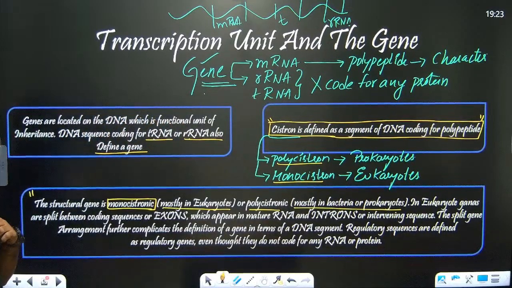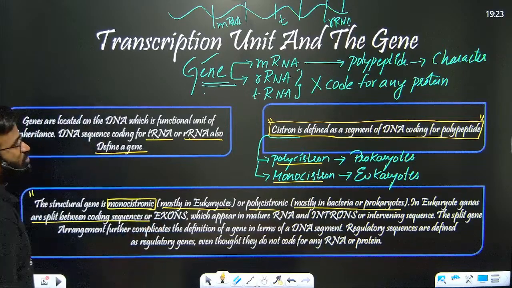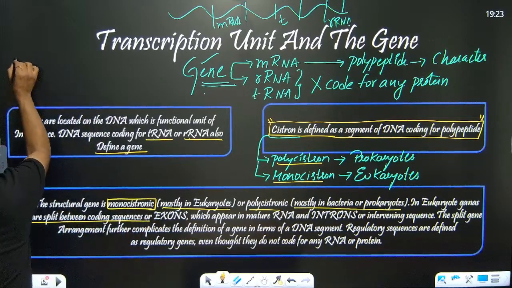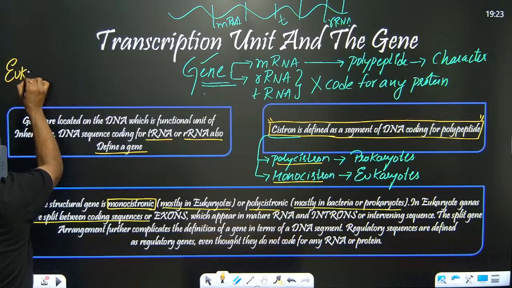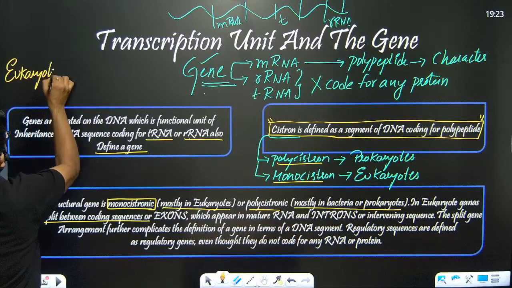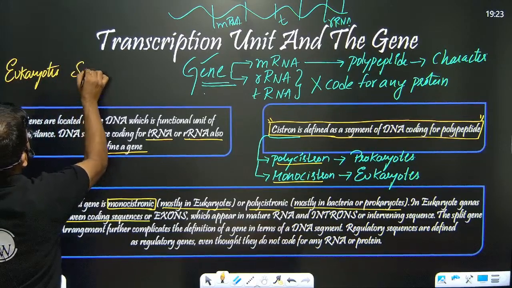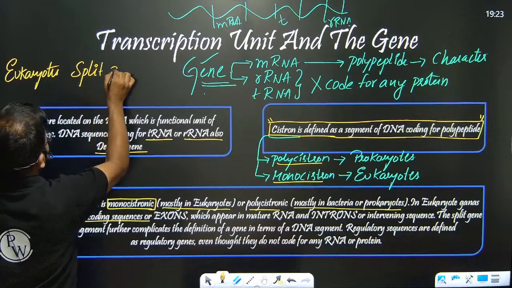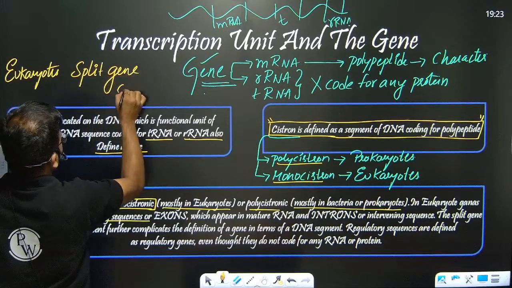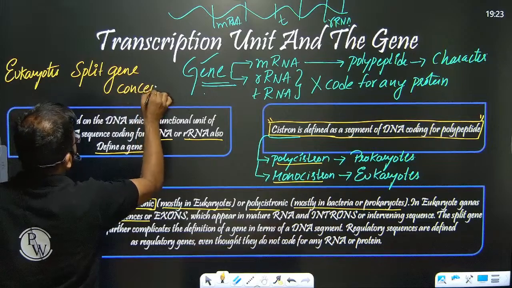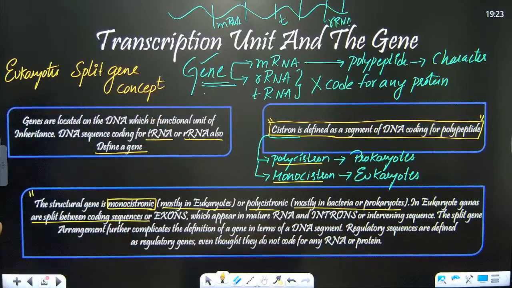In eukaryotes, the genes follow the split gene concept. What do you mean by that?